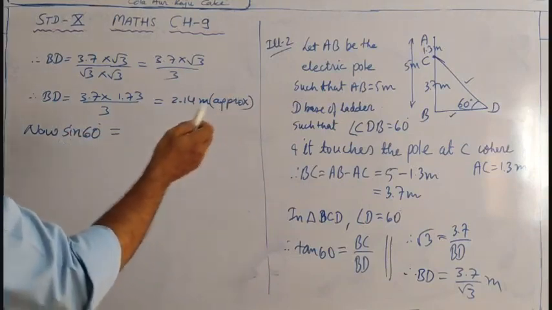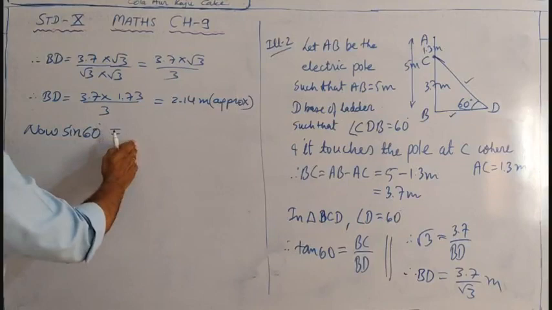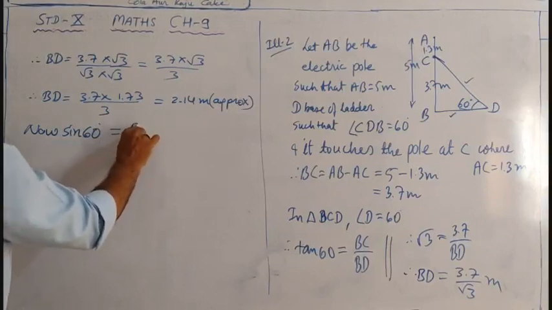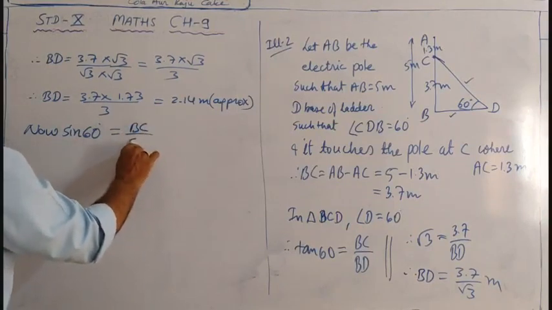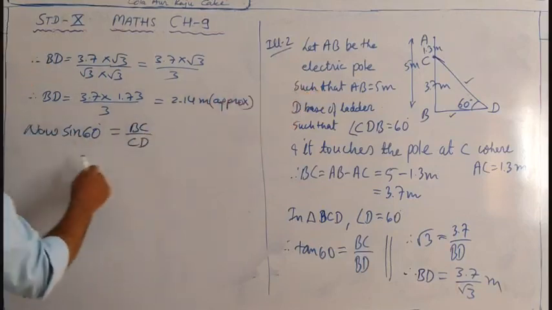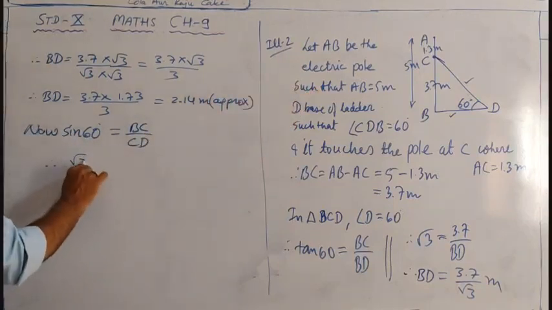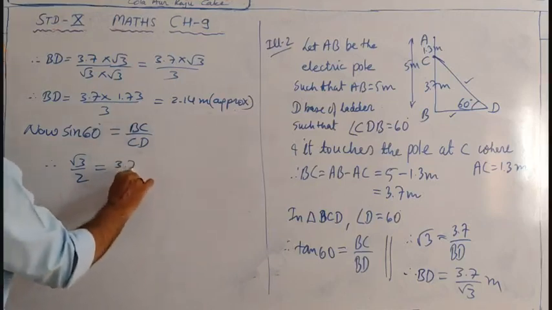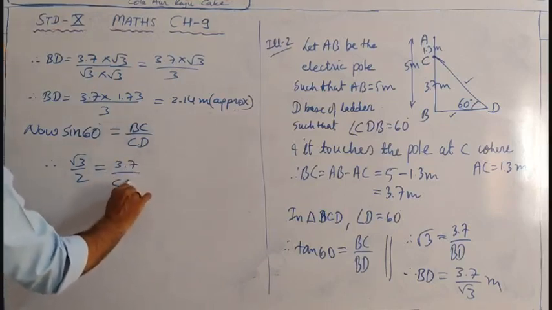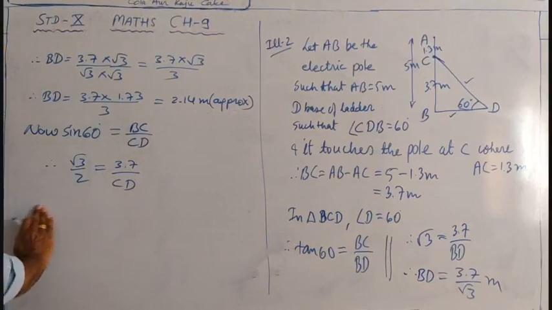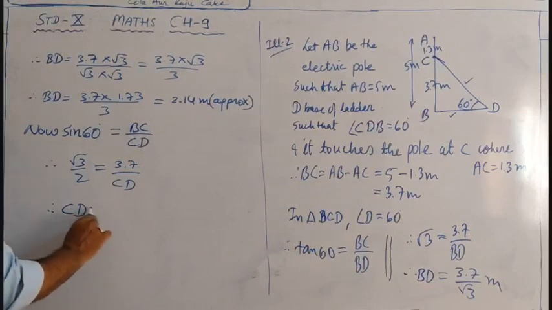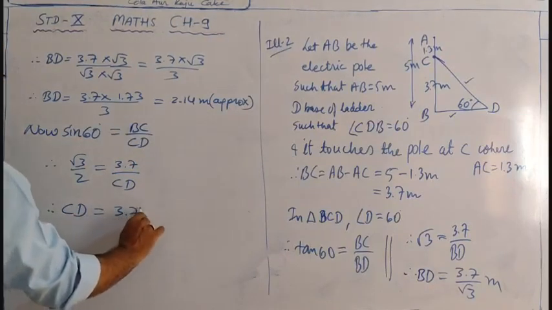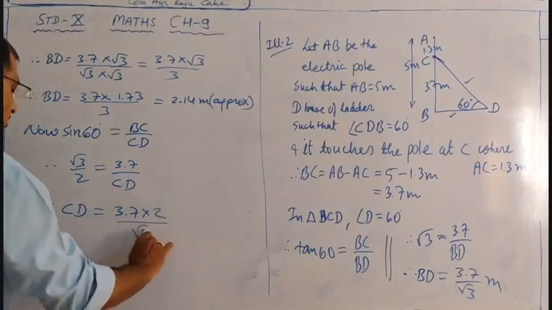Now sine 60 is equal to the opposite side BC upon the hypotenuse CD with respect to this figure, and therefore root 3 by 2 is equal to 3.7 divided by CD. We want the length of the ladder, and therefore the length of the ladder CD is equal to 3.7 multiplied by 2 divided by root 3.